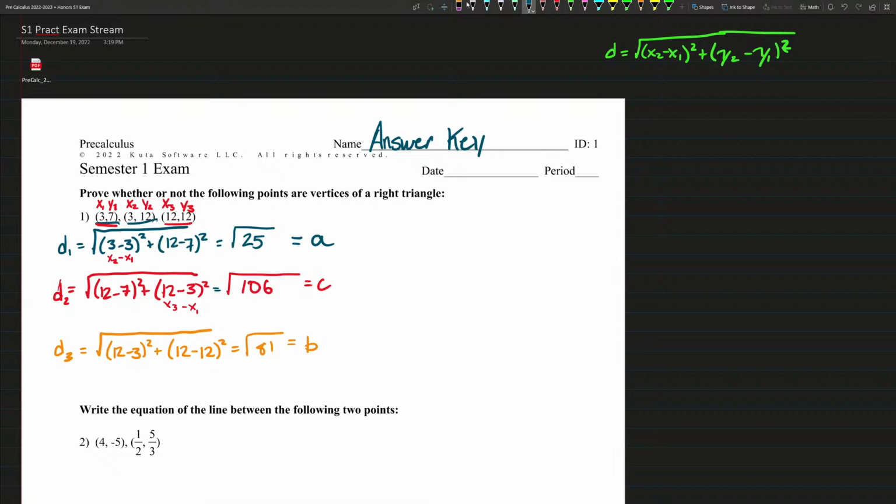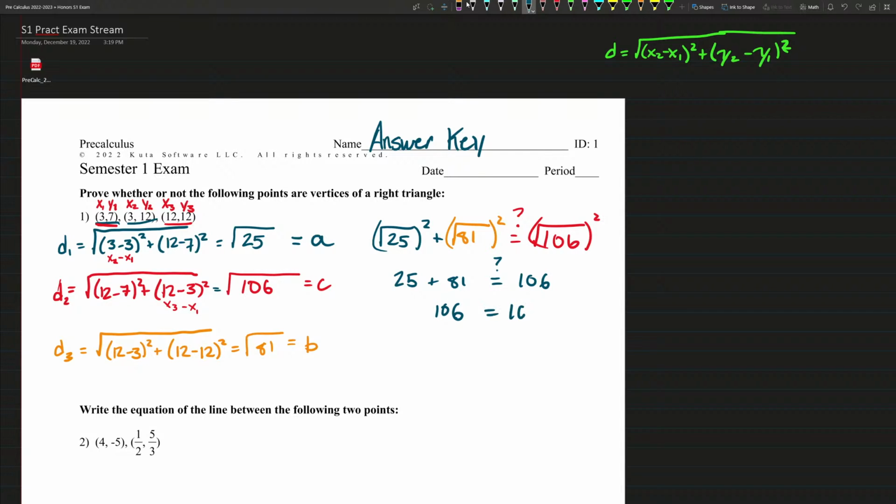Right, so we need to see if the square root of 25 squared plus the square root of 81 squared is equal to the square root of 106 squared. So when we do that, we get 25 plus 81. We need to see if that equals 106. It does. That means this is a right triangle.